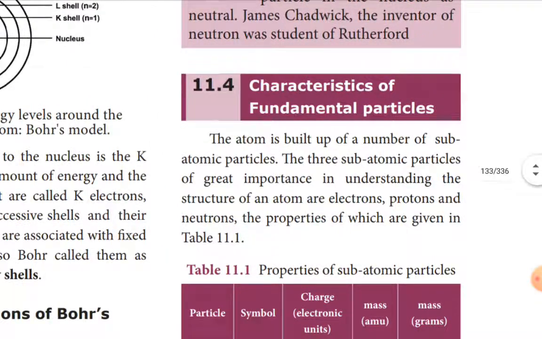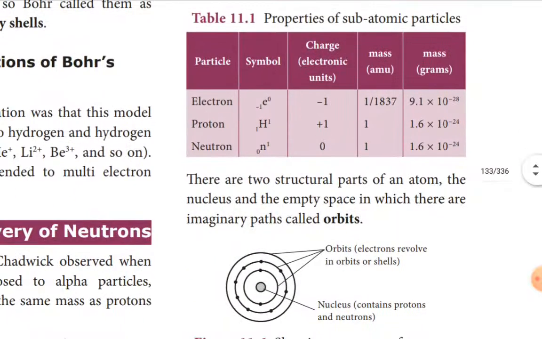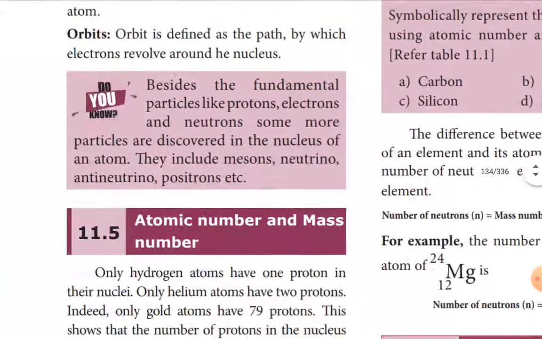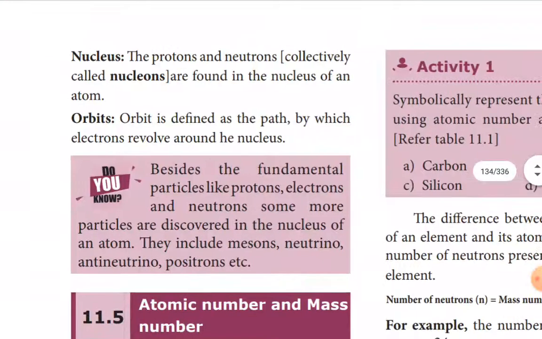And also the characteristics of fundamental particles. There are three important particles: proton, electron and neutron. The imaginary circular path in which electrons revolve around the nucleus is called orbit, and the nucleus, which consists of protons and neutrons, collectively they are called nucleons.